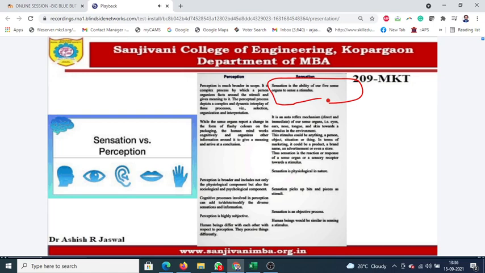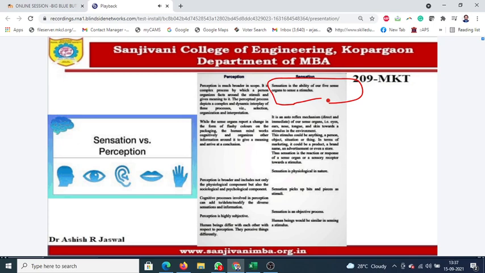Now this stimulus could be anything: a person, object, situation, or a thing. More precisely, in marketing, it could be a product, a brand, an advertisement, or even a store.